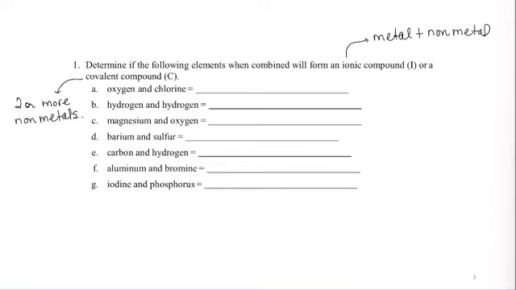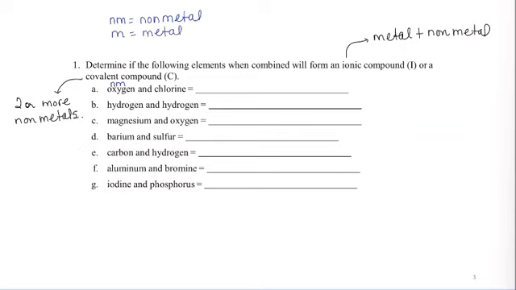Now, let's look at the first one. We have oxygen and chlorine. When I categorize those two, oxygen is a non-metal. Let me just put it here: Nm is going to be a non-metal, and M is going to be a metal.